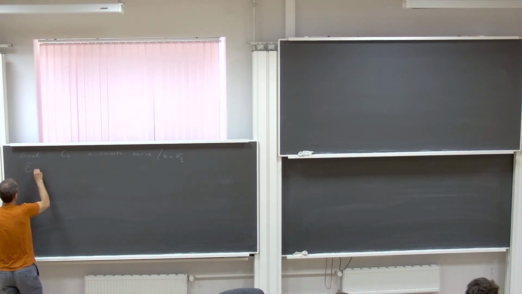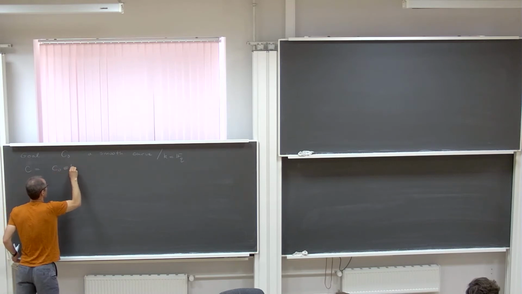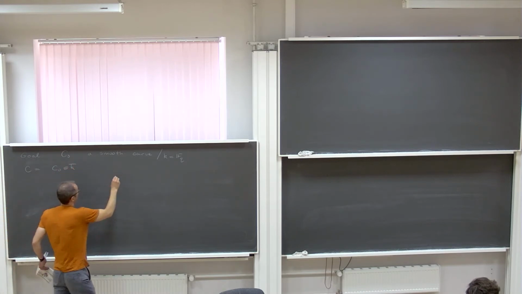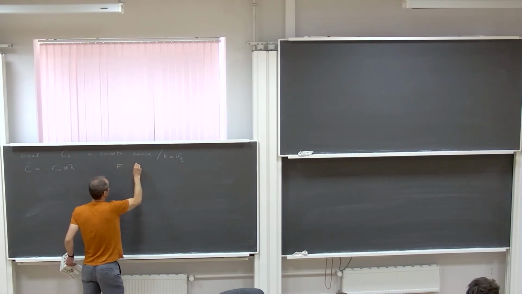C will be its pullback, C0 times K bar. And we have the geometric Frobenius map.